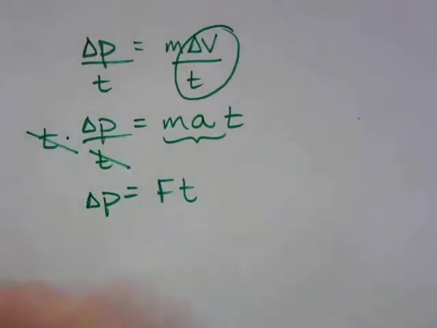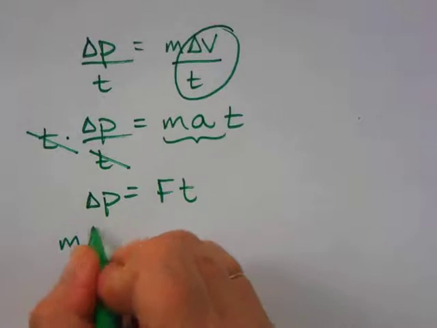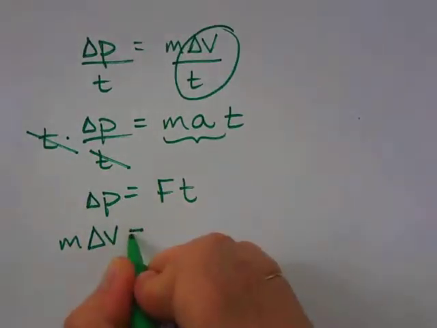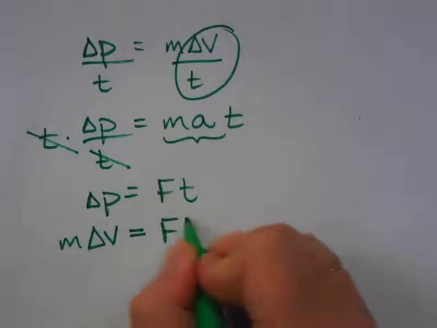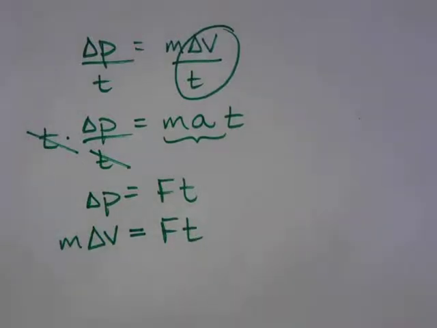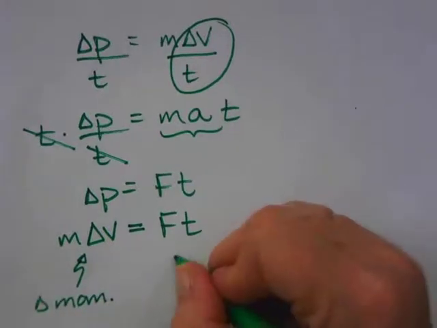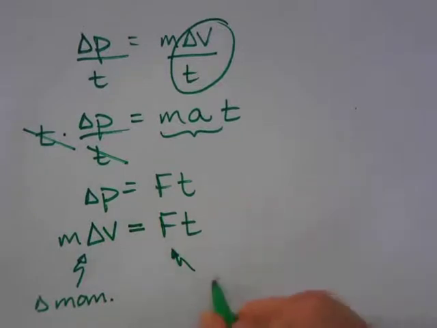So now we have change in momentum, mass times delta V, which can also be expressed using force and time. So m delta V, that's change in momentum. Ft has a special name, and it's called impulse.